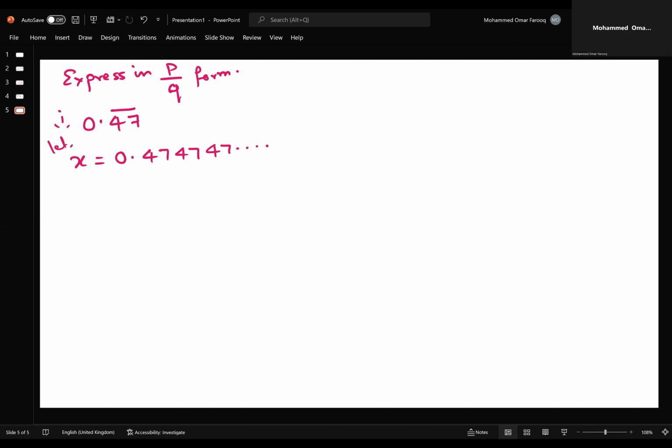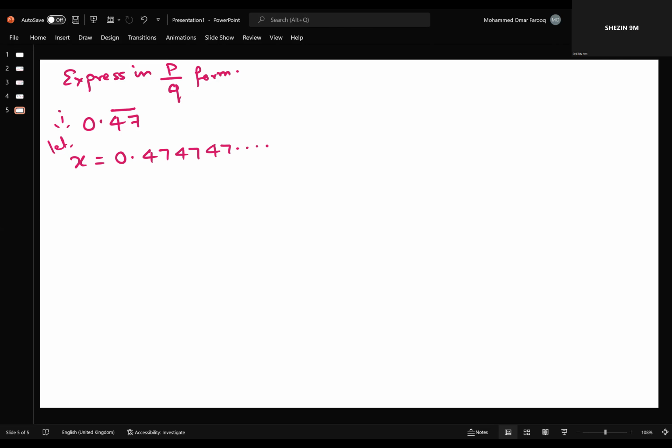Now what are the repeating digits over here? 4 7, which means 2 digits, right? So multiply on both sides by 100.